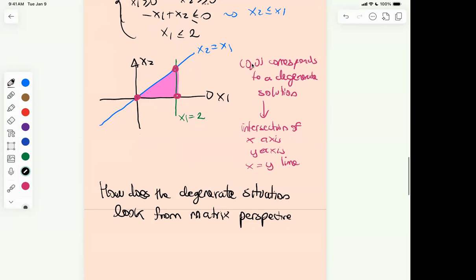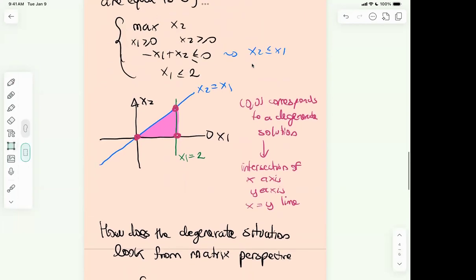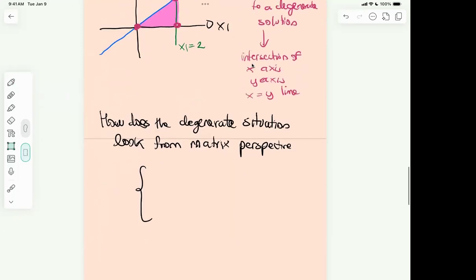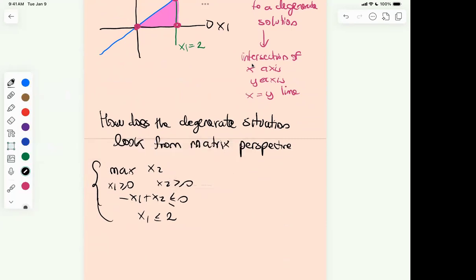So again, first you add slack variables to the inequalities. I'll copy paste the inequalities so that it's easier for you to see what they were. If you add slack variables for the last two, you get minus x1 plus x2 plus x3 equals 0.